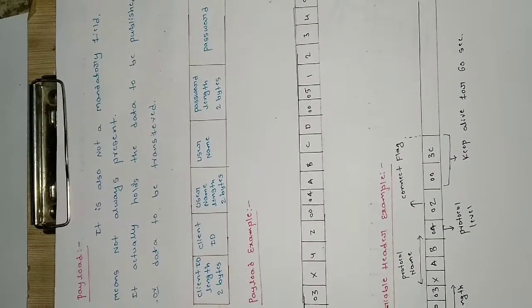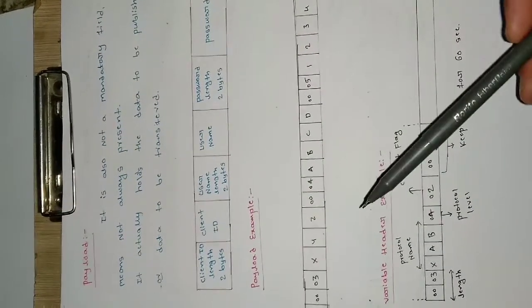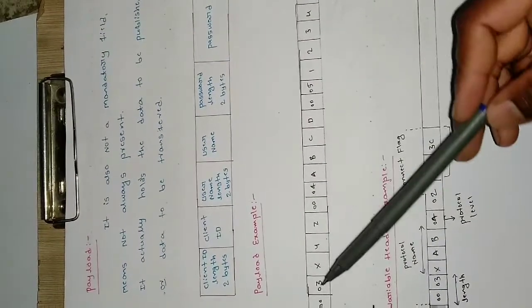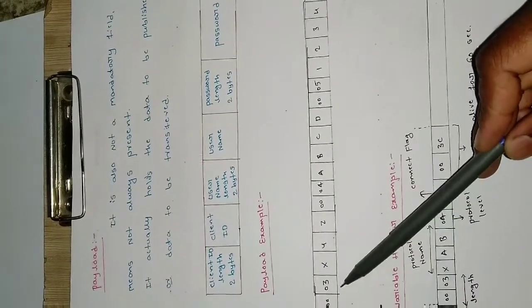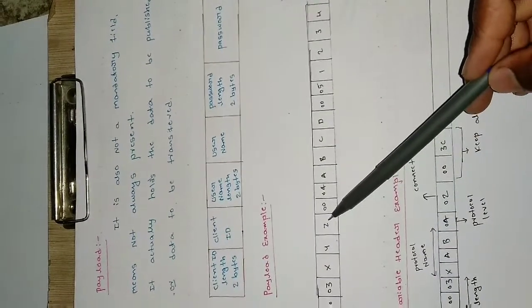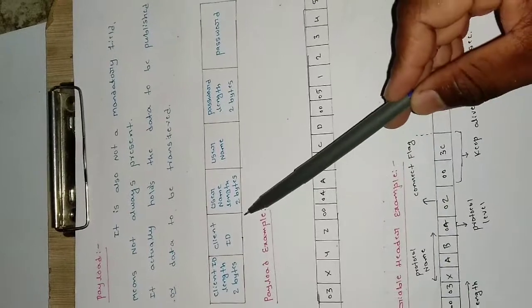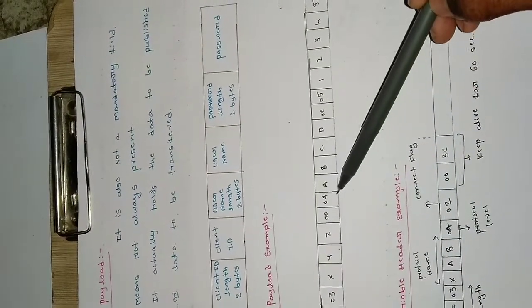So let us take a quick example of a payload. So this is the real world example. So here the first two bytes are for the client ID length. So the client ID length is 3 here. So what is the client ID? I have taken XYZ. So this is up to this point. Now the username length is 2 bytes, so first byte and second byte.